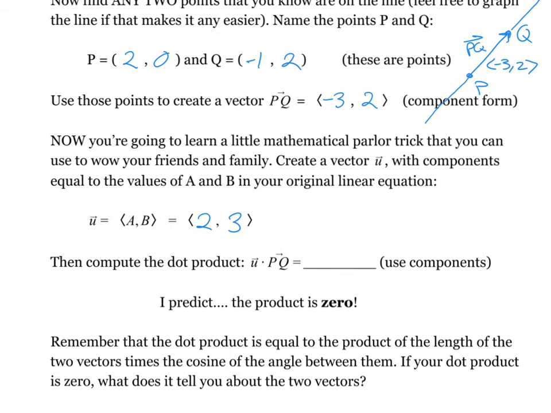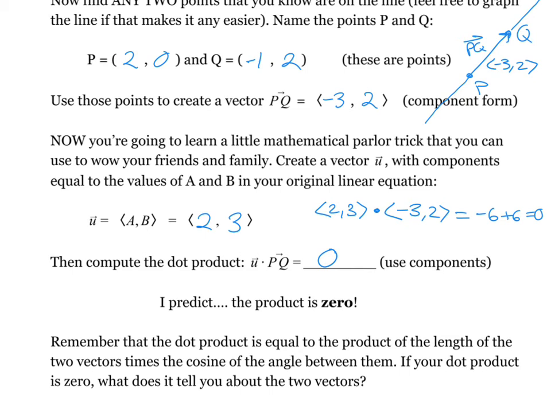So u dot product with PQ is going to be this product. And that, if I take the x components and multiply them, it's going to be -6 plus 6 equals 0. So the dot product of vector u and PQ is 0.